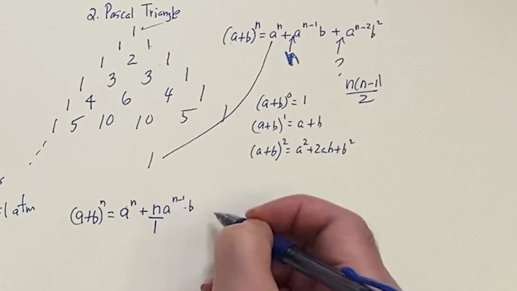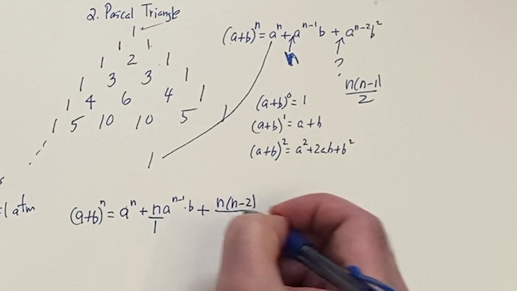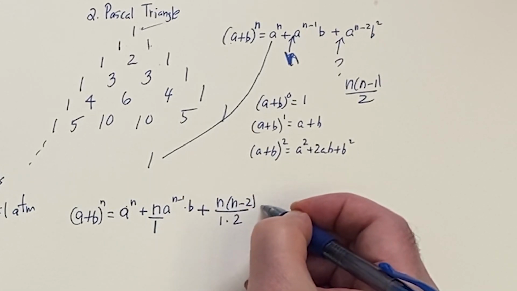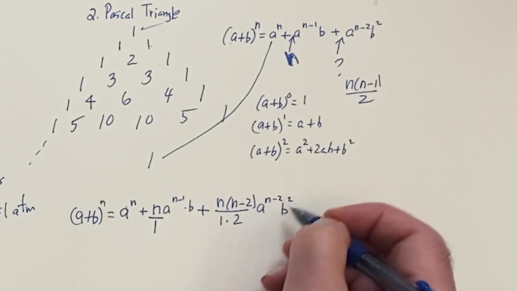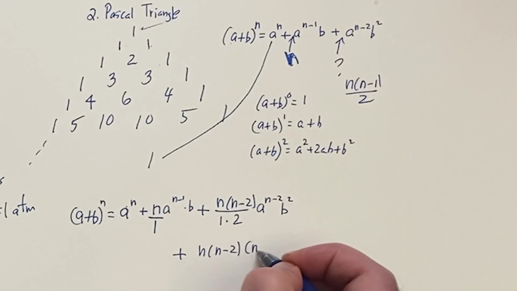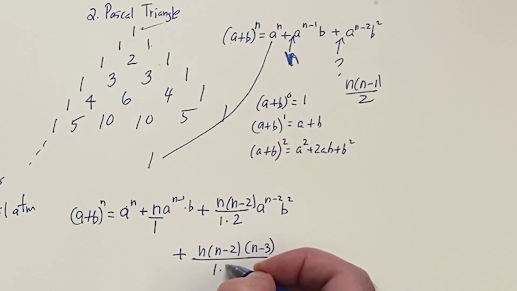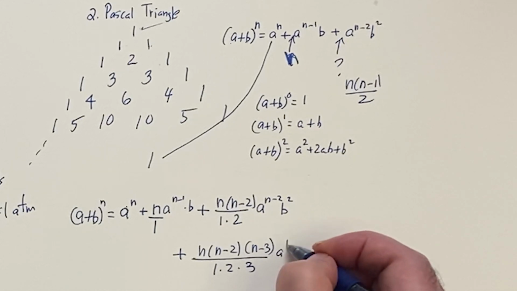You can think of this as n over 1. Then the next one is n times n minus 1 over 1 times 2. And that's a to the n minus 2 and b squared. And the next one is n times n minus 1 times n minus 2 over 1 times 2 times 3.